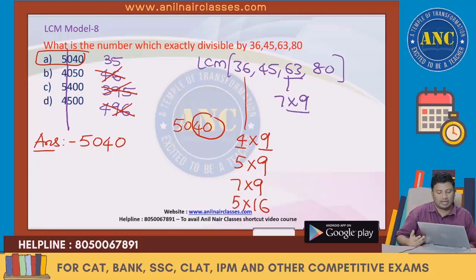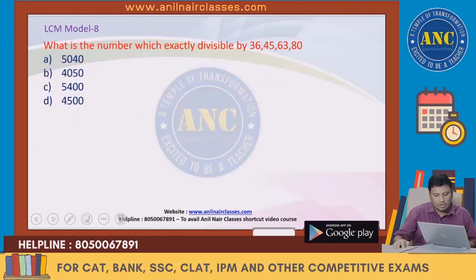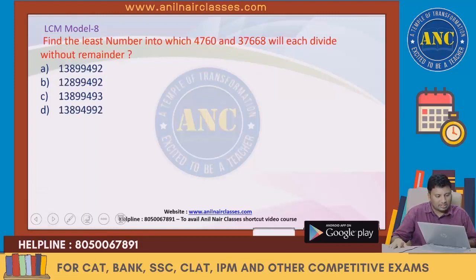Don't waste your time. Just be a little smart. Learn Anil Nayar's way of solving. That is where you can save a lot of time. Find what is the largest number. We have already seen this.